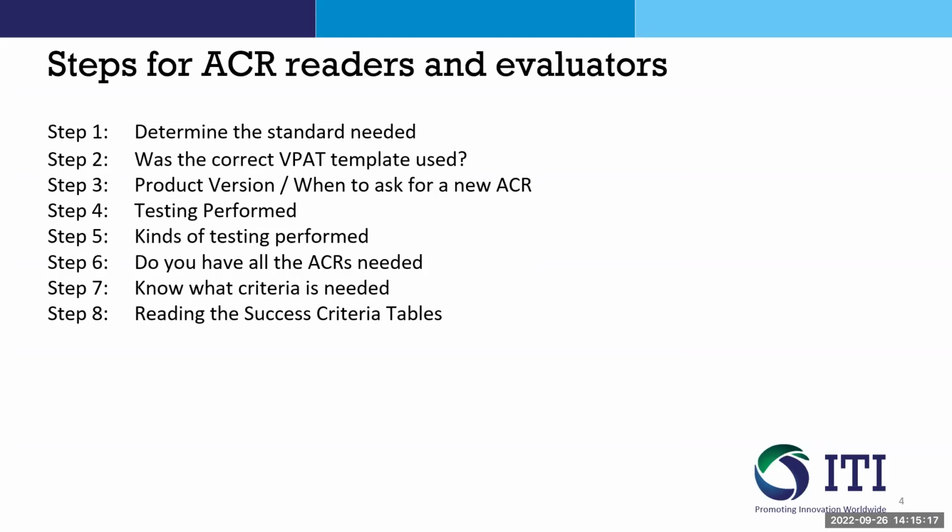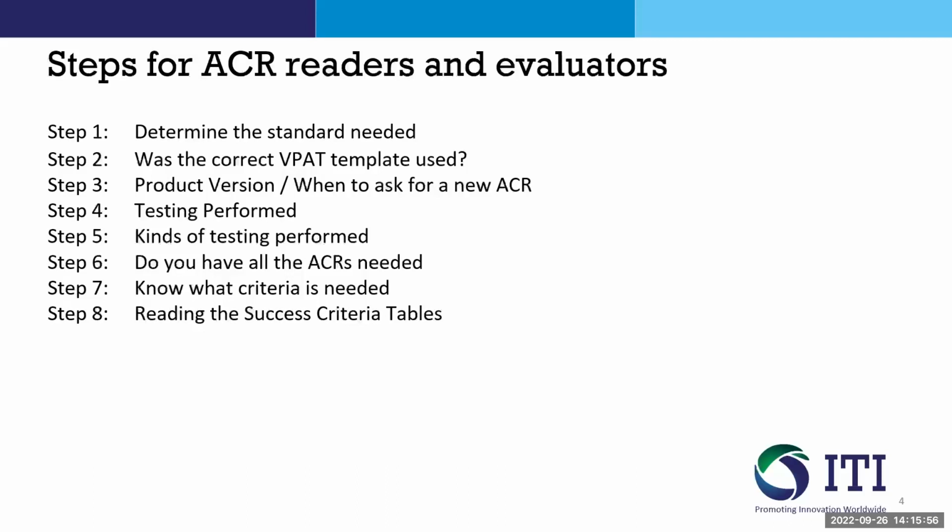Step 7, we go a little bit into the criteria, and step 8 is similar, and it involves reading the success criteria tables. So the reports are divided up in some sections into tables, and we'll discuss that as well. Once again, and I'll keep saying this, when you purchase, you have the power at that time to ask for what you need to assess whether a product is accessible for your use case.